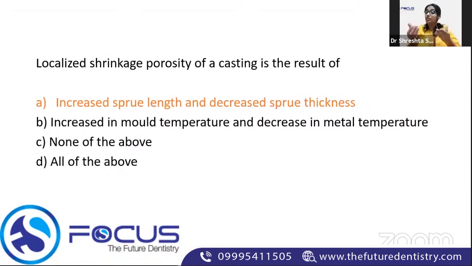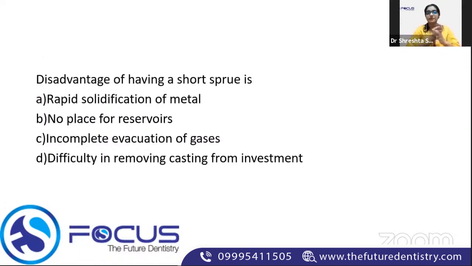That could actually cause an incomplete casting, rather than a localized shrinkage porosity, which usually happens at the sprue and wax pattern interface. So that is why I said when you go through these topics, you have to keep the minute details in mind. That's it. Next question: what is the disadvantage of having a short sprue?